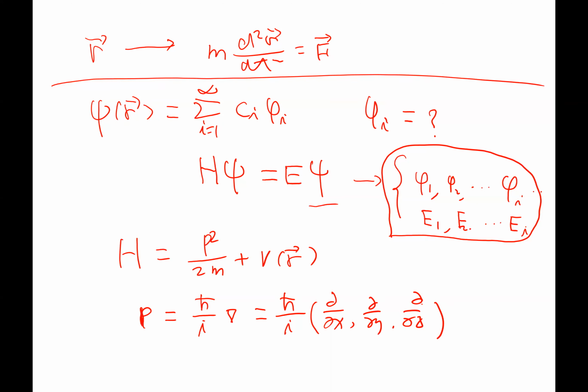Okay, and V is an operator, but V itself basically is V. So for example, if you can find out the potential energy as a function of r, then your Hamiltonian will have the same form as your potential energy, right? And so now if you square this, you get this one, so minus h squared, all right? And then you have a partial x, right?